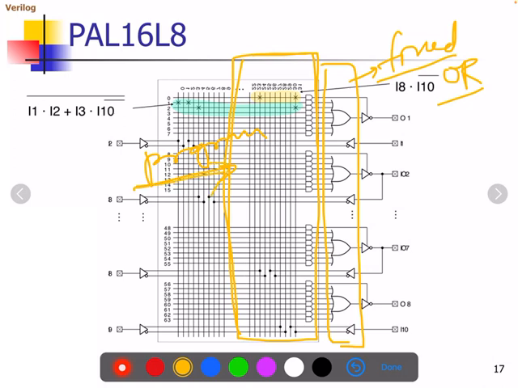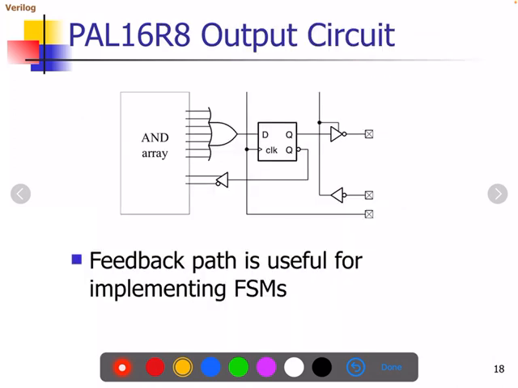At the input side, towards the inputs of the AND gates, programming is possible. You can see the AND array followed by the OR gate. There will be a D flip-flop at the output side. Here the feedback path is useful in order to implement finite state machines.